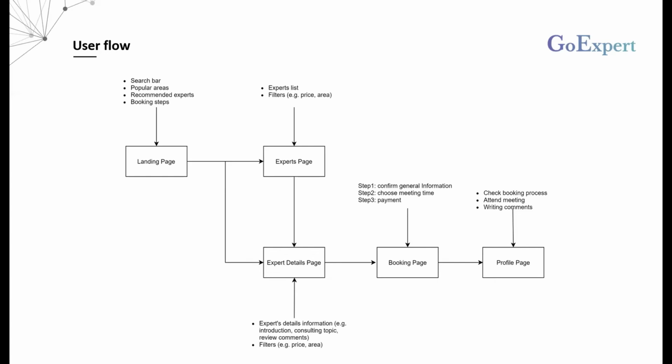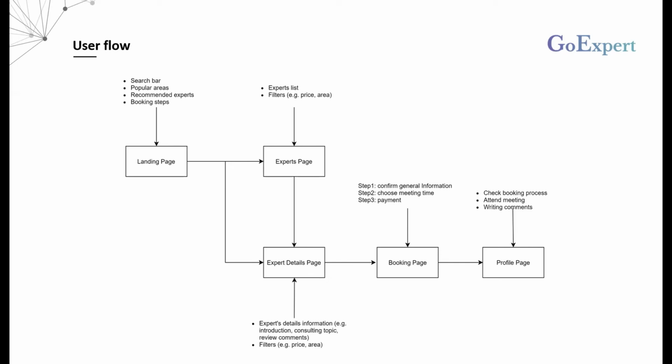The user can use the filter to find the experts they need, and then go to the expert detail page. It includes expert details, including an introduction to the experts, the meeting topics, and the comments for these experts. And then they can go to the booking page.